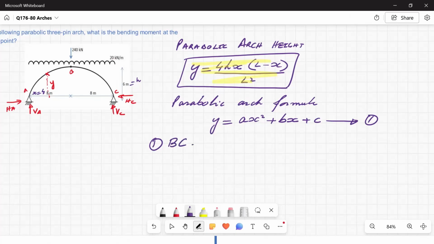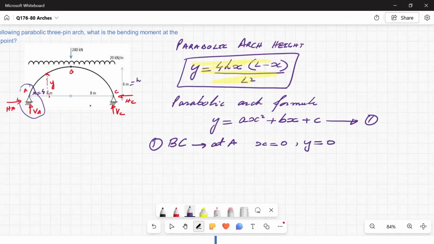So BC1 is at point A. If you have a look at this point A, we have x equal to 0 and we have y equal to 0, because there's no y, there's no x.